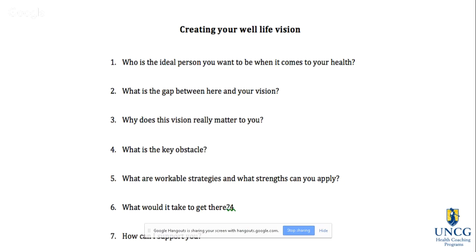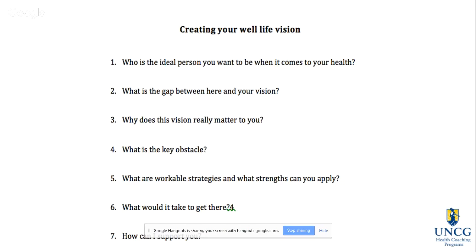And going through this process of completing your own well life vision, that can help us put ourselves in the shoes of the client. Oftentimes as clients, we have to be more vulnerable and share information that we didn't think we would be sharing with a stranger.